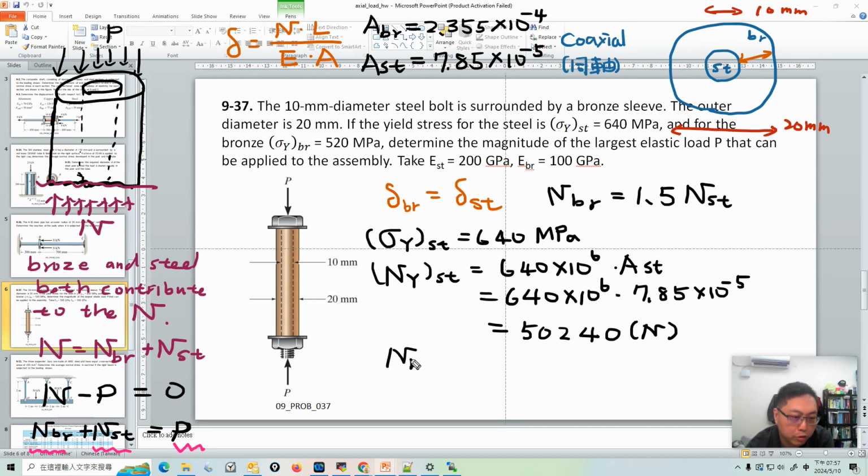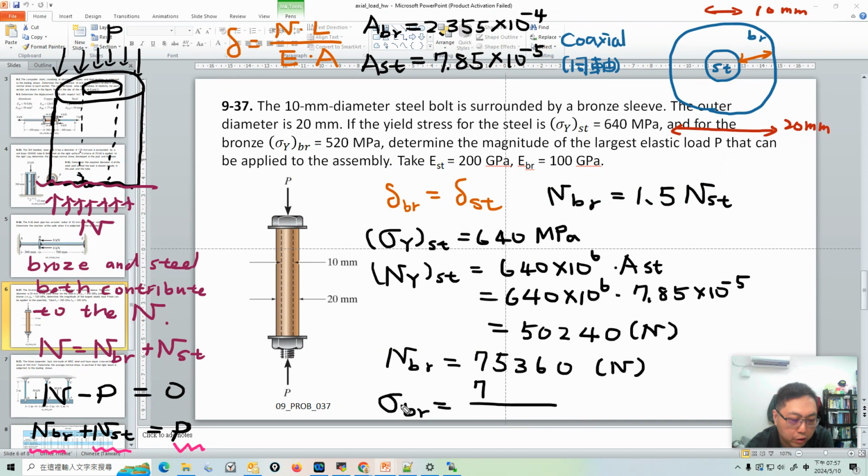That means your bronze part will have a normal force of 5 times 1.5, which is 75360 Newton. So at this condition the normal force on the bronze is 75360 Newton.